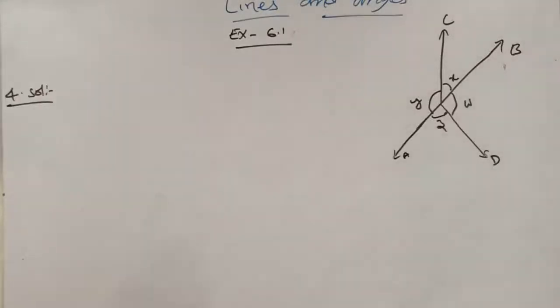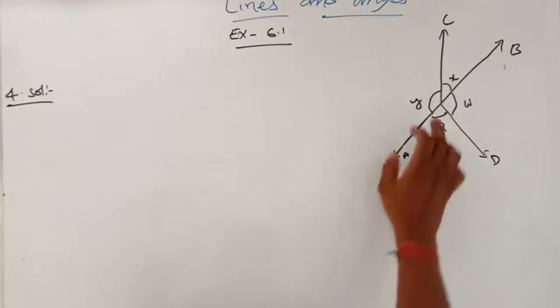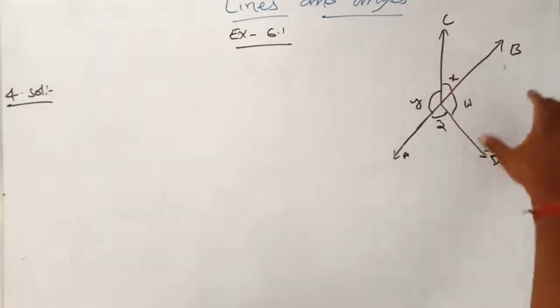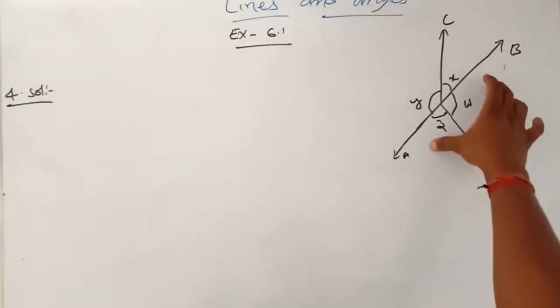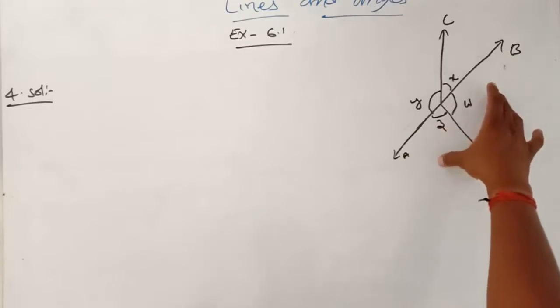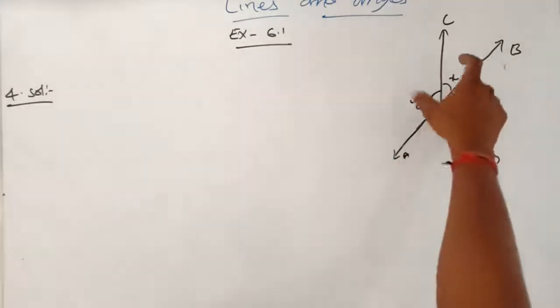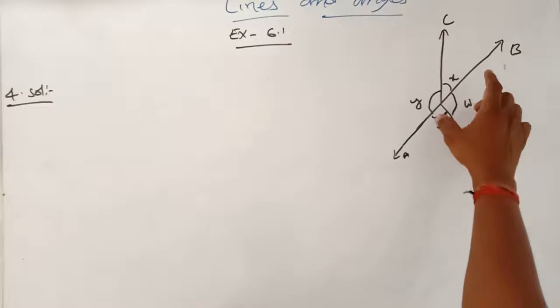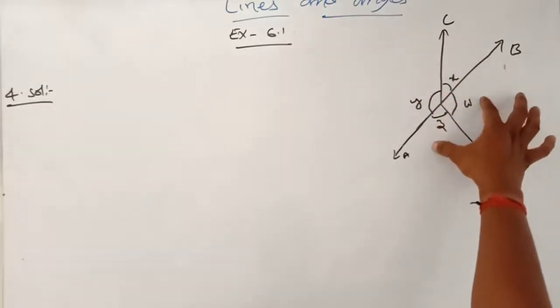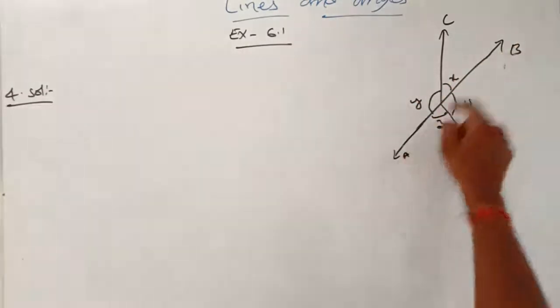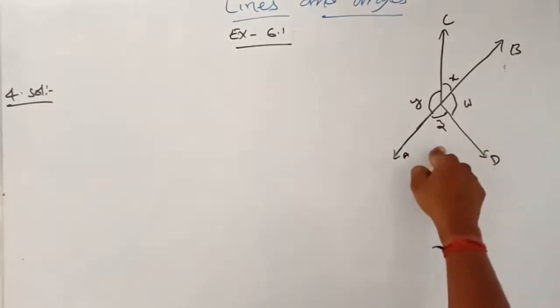Children, the next question is, in the given figure, x plus y is equal to w plus z. I have to prove that AB is a straight line.